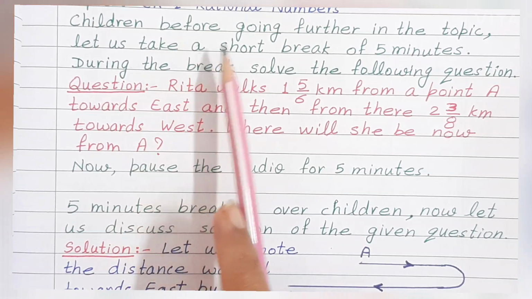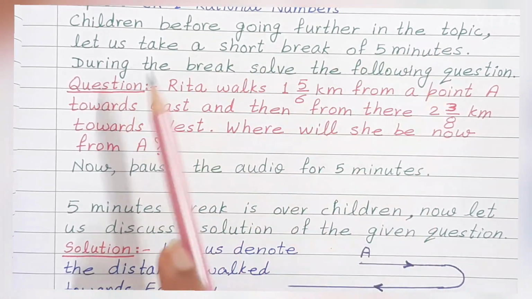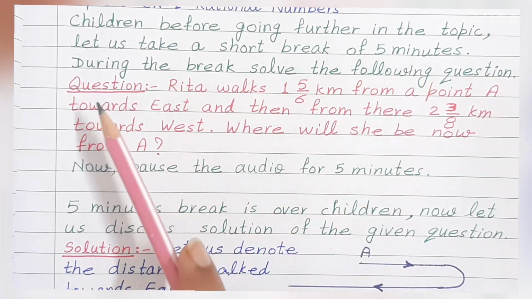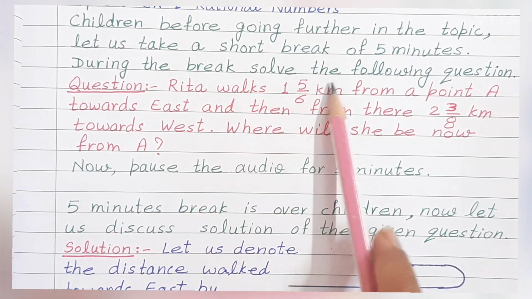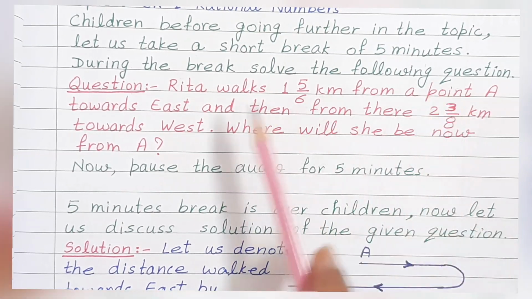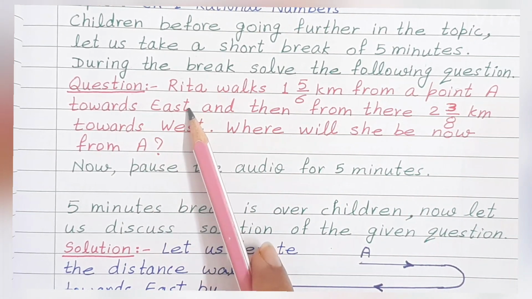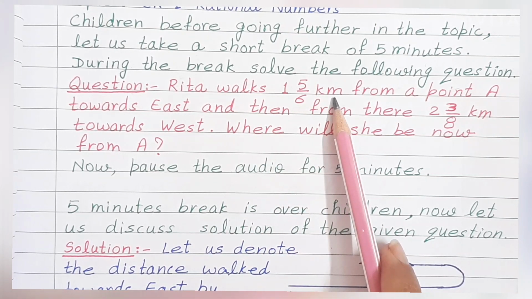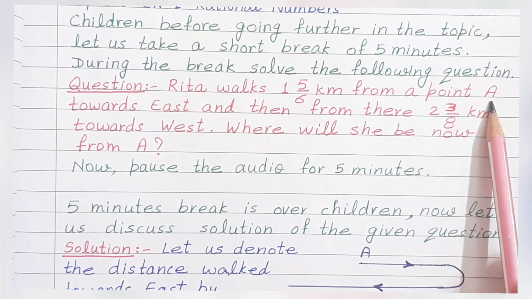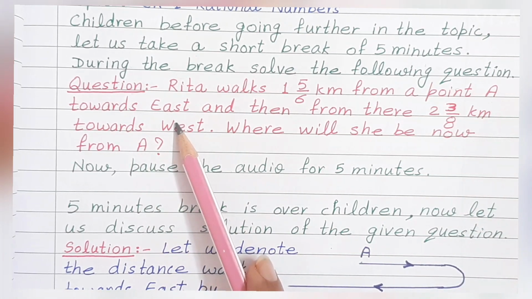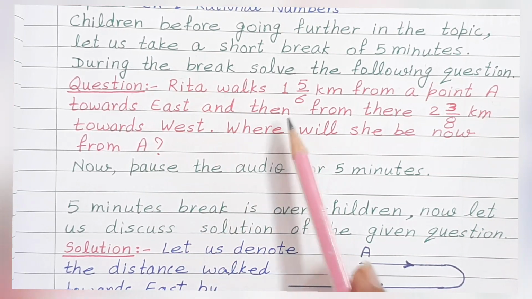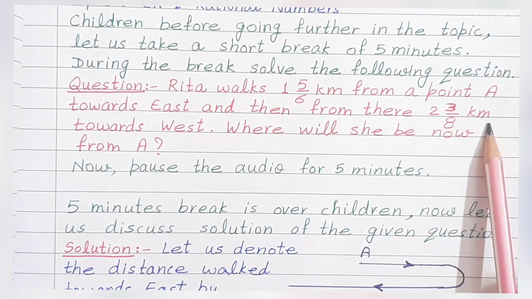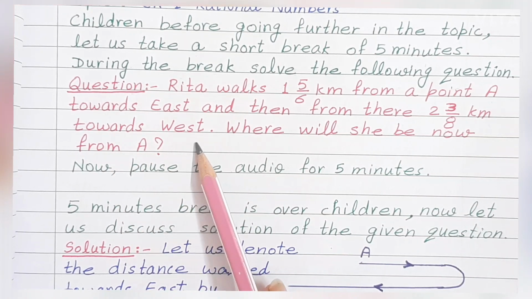Children, before going further in the topic, let us take a short break of 5 minutes. During the break, solve the following question. Rita walks 1.5 kilometer from a point A towards east, and then from there 3/8 kilometer towards west.